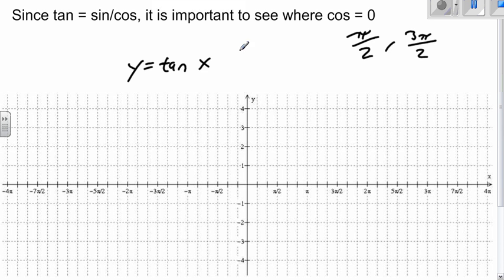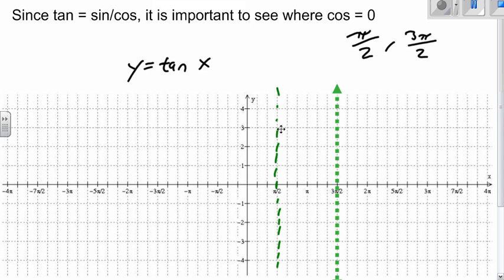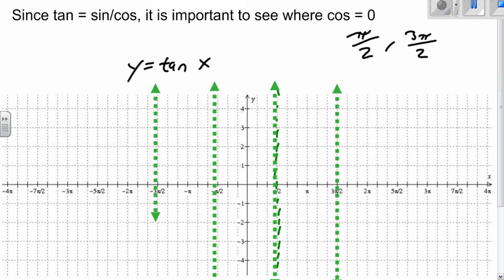So that means that at all of those values we're going to have an asymptote. Negative pi over 2 and the negatives, 3 pi over 2.